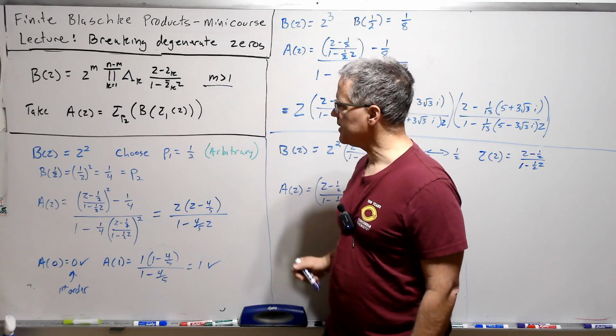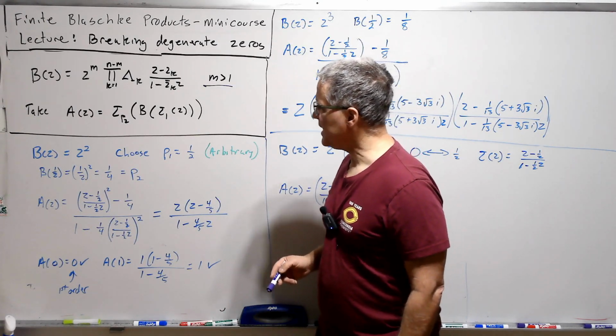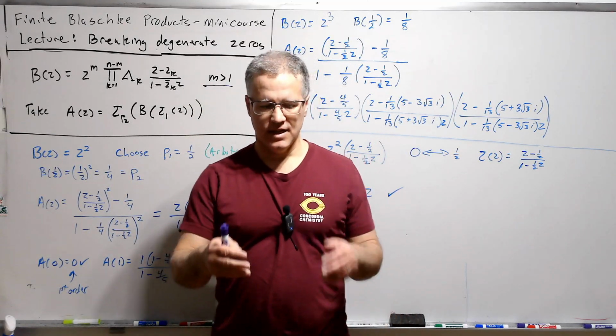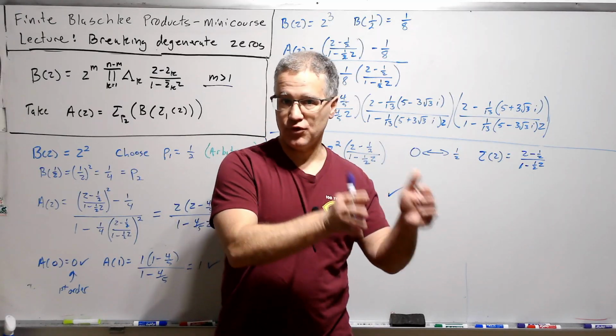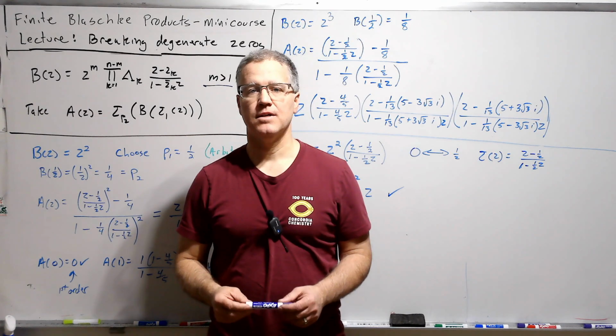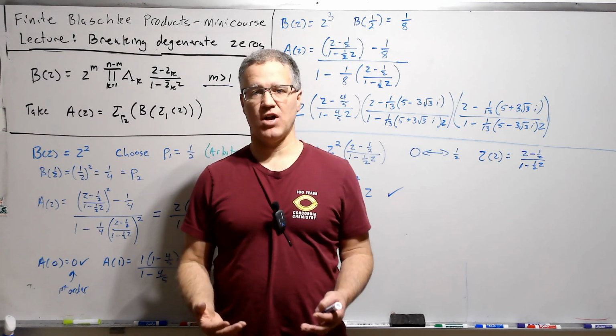Okay, so the idea here is that we use the fact that composition, either pre-composition or post-composition with a Mobius transformation, still results in a Blaschke product.